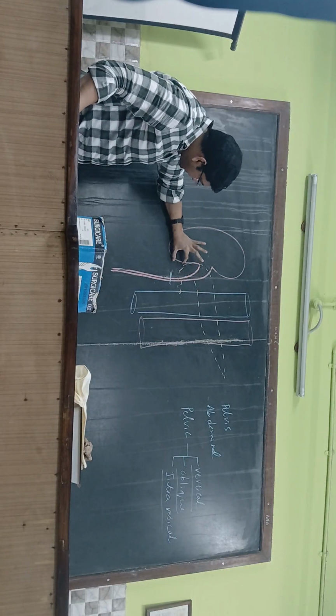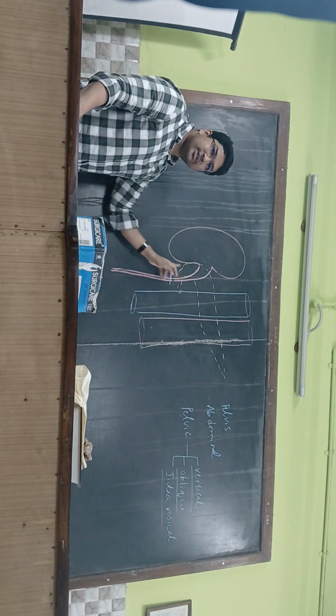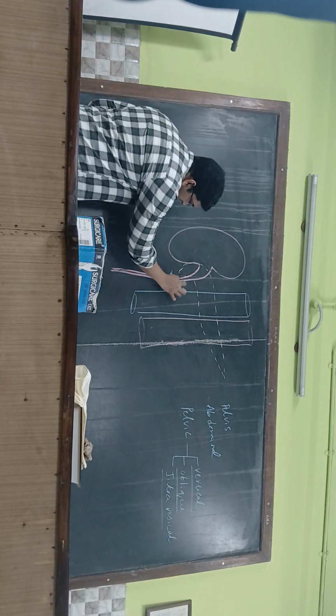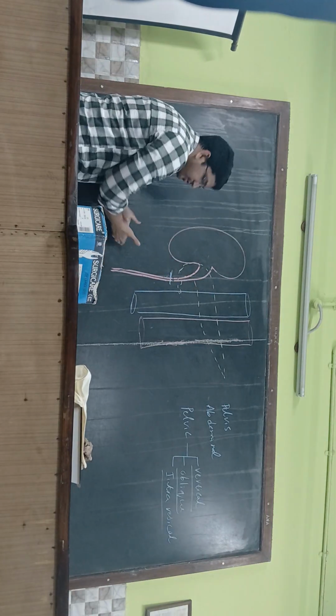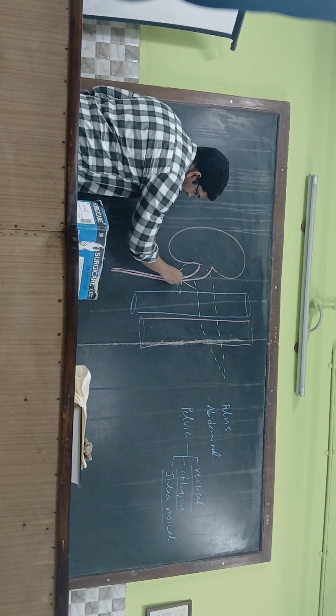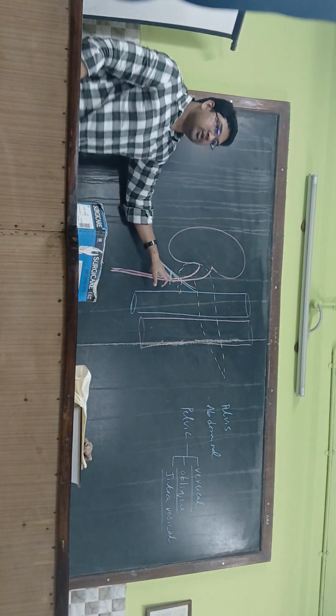Which part of the duodenum will be over here? Third part of the duodenum. So the third part of the duodenum will be coming in contact with the anterior aspect of the ureter. Further downwards, if there is an uncinate process over here, which structure will be passing in front of it?